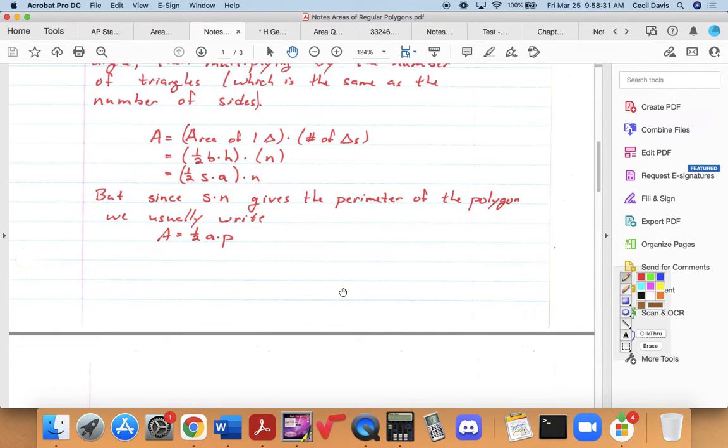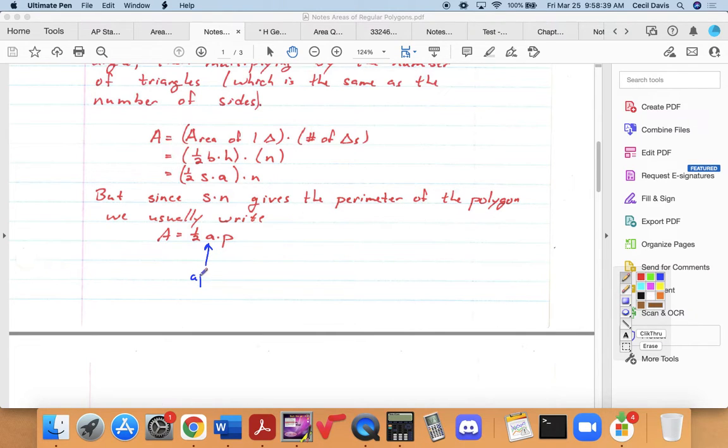So this is usually the formula that people will use, 1/2 A times P, where again, A stands for the apothem, and P stands for the perimeter of the polygon. You might want to write that in.